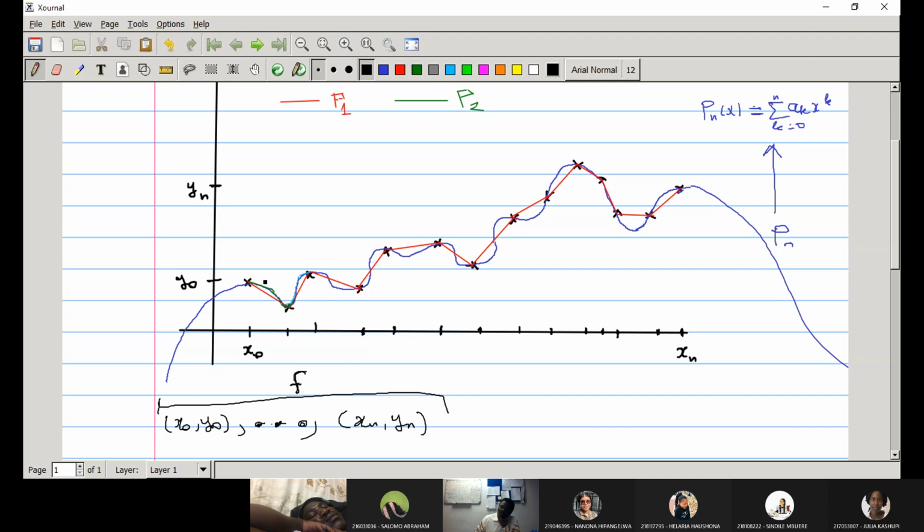Now, if you use a second degree polynomial here, it will be terrible, because a second degree polynomial will behave in one of the following manners. A second degree polynomial can be something like this, a parabola that will go like that and try to minimize. It might pass through some of the points or none of them at all. So this is a possibility, the one that I drew there.